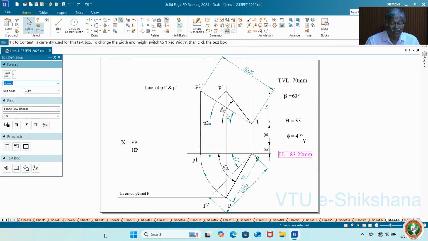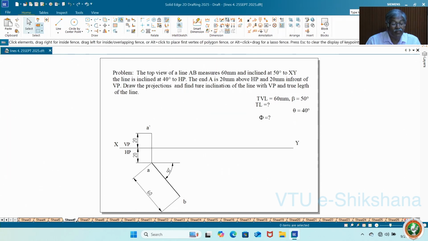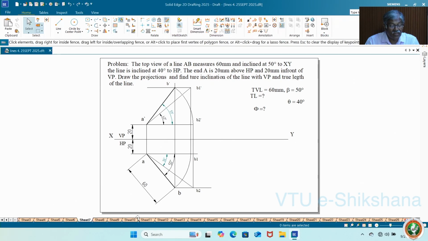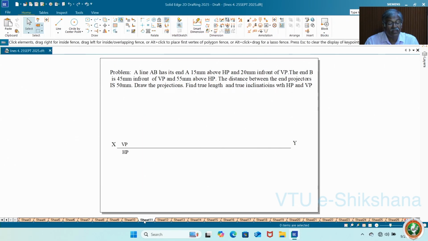Next comes a problem on a straight line again. Next problem: a line AB has its end A 15 mm above HP and 20 mm in front of VP.